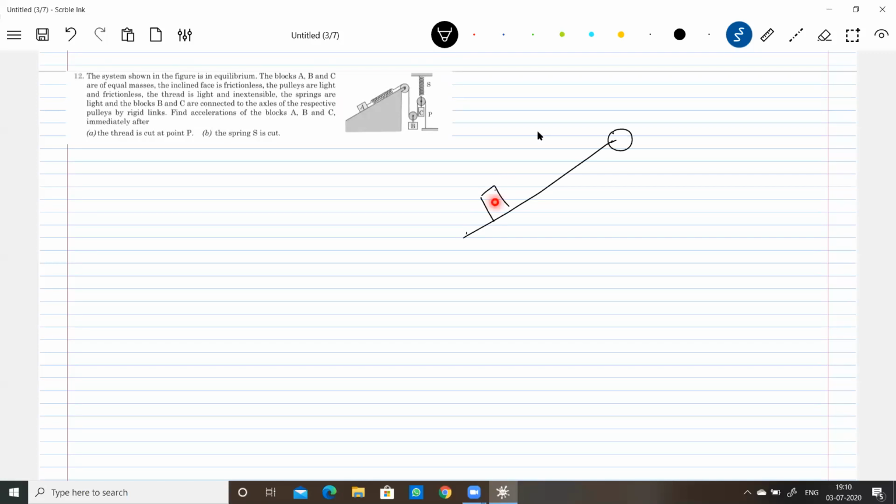They're of the same mass, no? So here the blocks are of equal masses. Yeah, so this is the spring. This is like a rod you can treat. It's telling us rigid links. Try to notice that rigid links means not like a string.